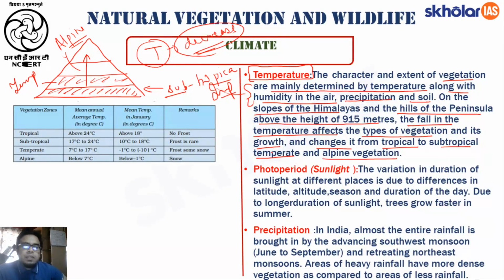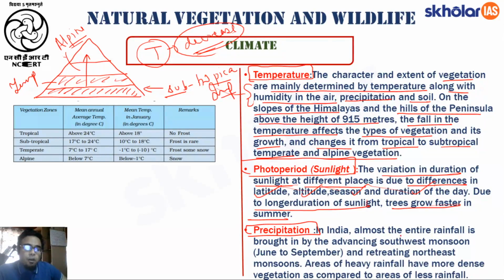All right. Then we have photoperiod or sunlight, that is the variation in duration of sunlight at different places due to the differences in latitude, altitude, season as well as duration of the day, which we have talked about. And due to longer duration of sunlight, trees grow faster in the summer period. Then we have precipitation.